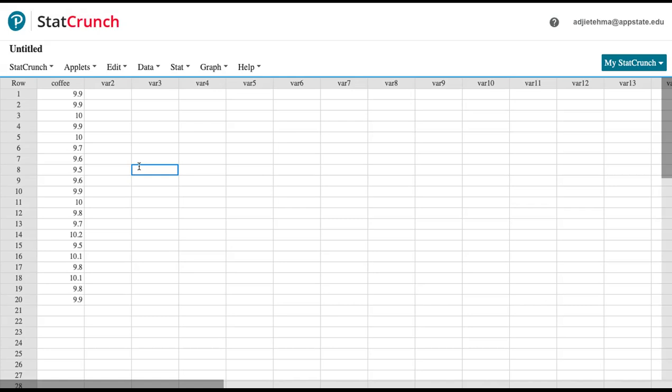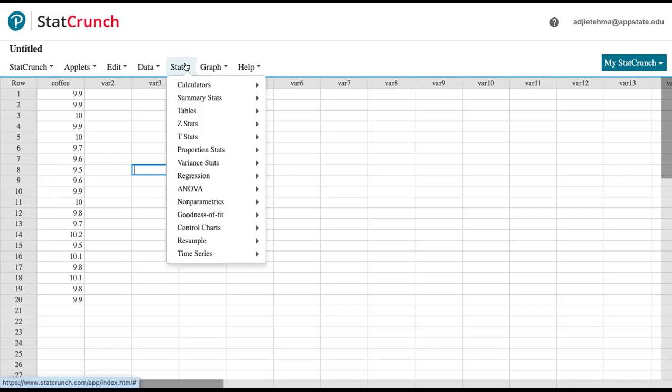First step is to input the data, which we have done. Second step, we go to Stats, then Resample, and then Statistics.